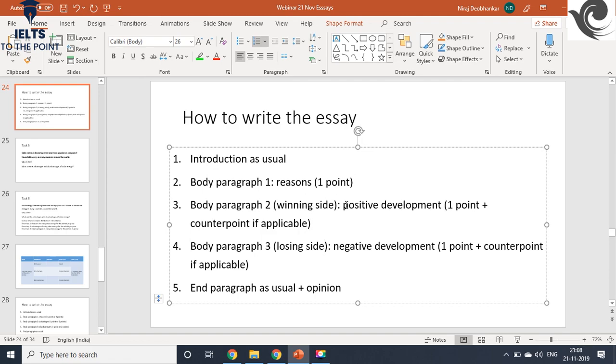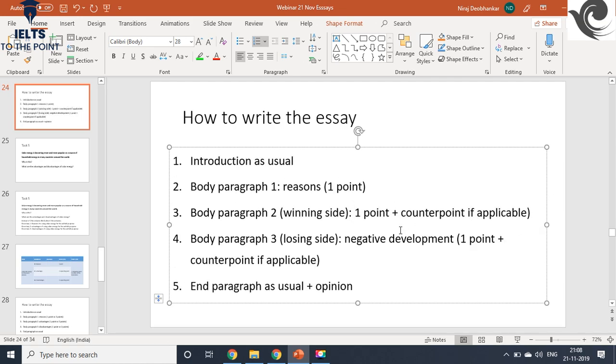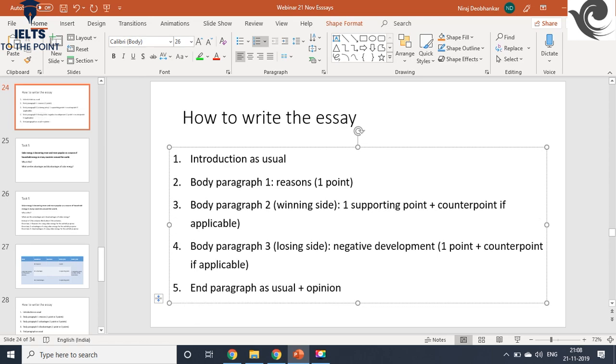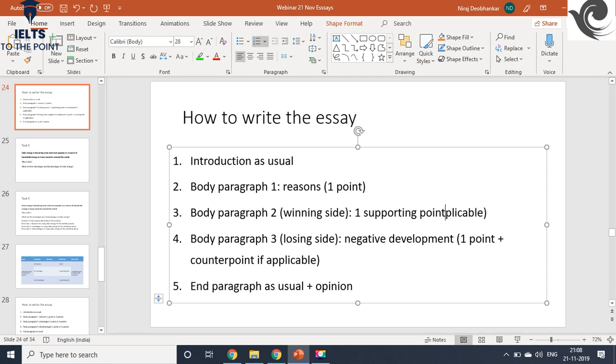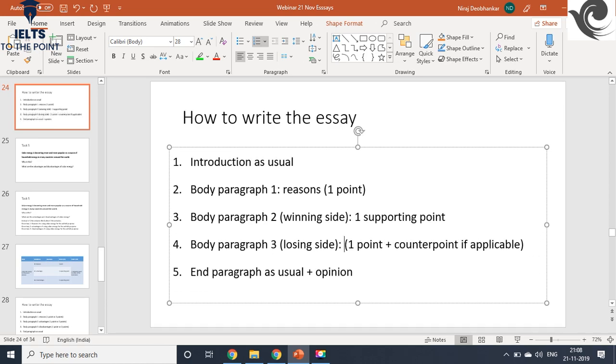You won't have a counterpoint for the winning side, because if you counter the supporting point, it's of no use. And in that case, your losing side must have one supporting point and the counterpoint for sure.